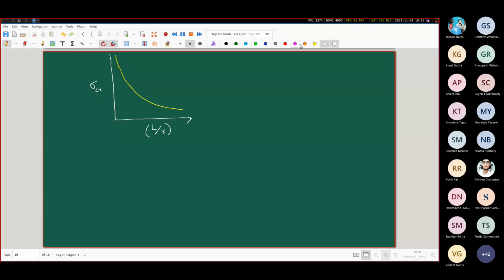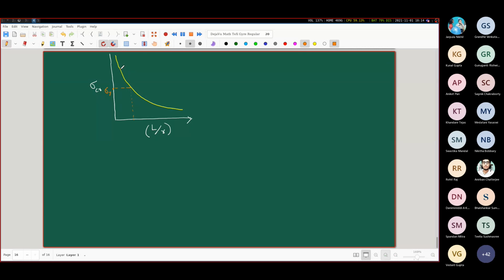That can happen something like this. So if your sigma yield is something like this, then you draw a horizontal line here, then beyond this point, if you decrease your L by r value below this, then your sigma critical is going to become larger than sigma yield.